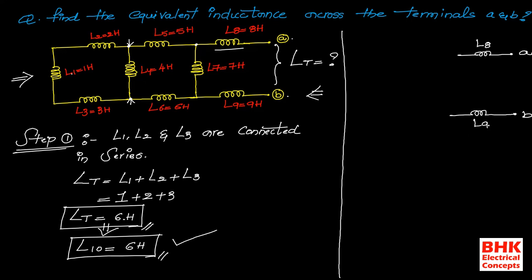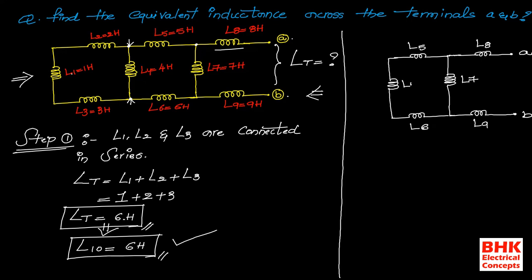Between here, another inductance is connected. This is L7. After this, one inductor is connected, this is L5. And here one more inductor is connected.